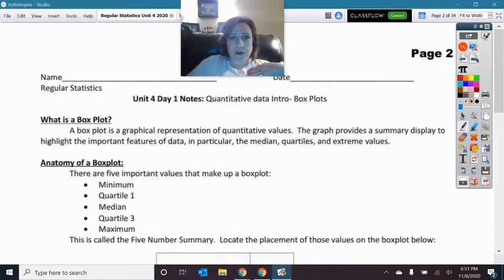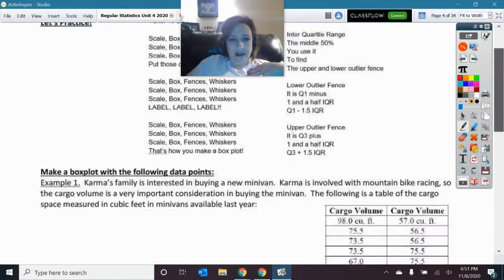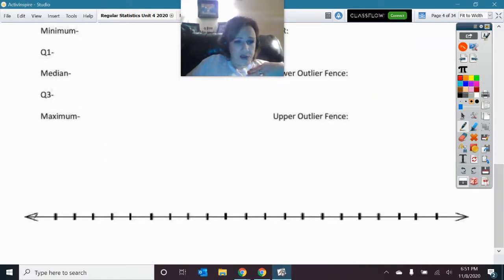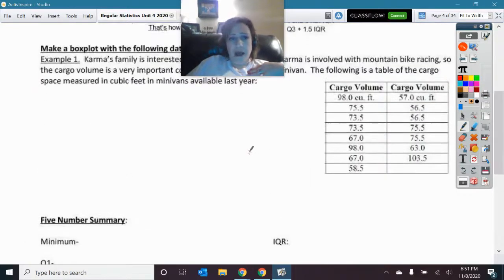When we take a look at this blank page that we've got to do the graphing on down here at the bottom, I've given you this number line and we need to do a scale. To decide what numbers to use, I know that my max was 103.5 and my minimum was 56.5.